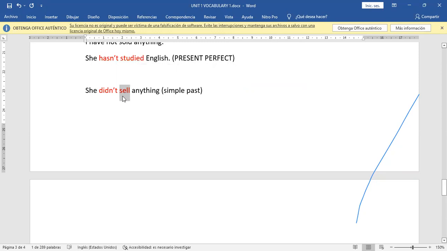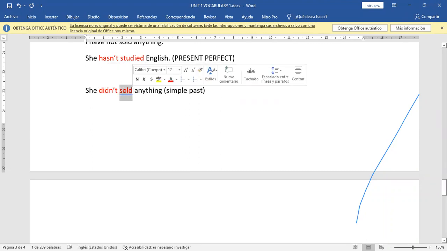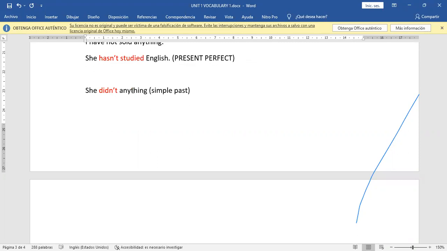"No vendió." Y alguien dice sold, ¿no? No. Cuando utilizan el auxiliar did, el verbo va en su forma base. No necesita el pasado.